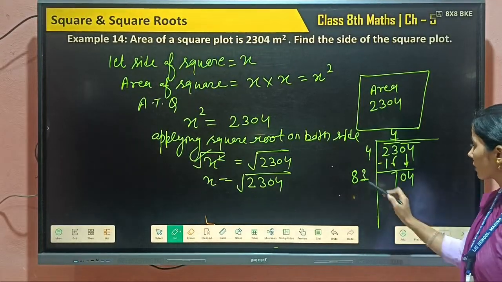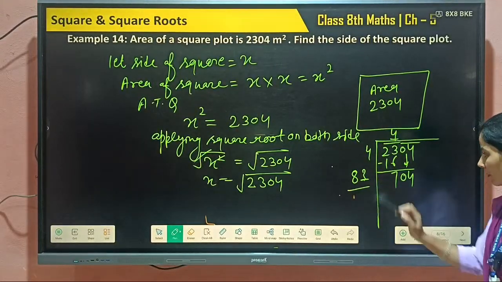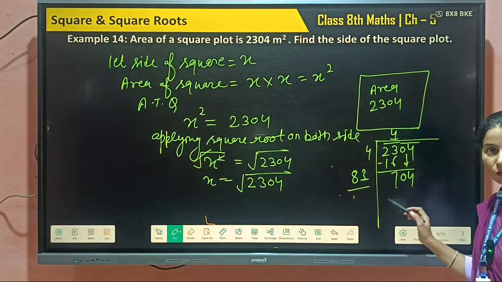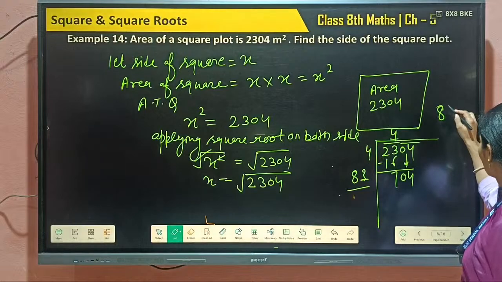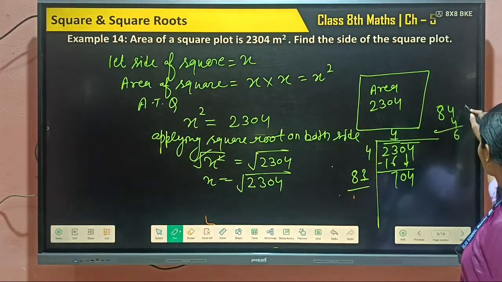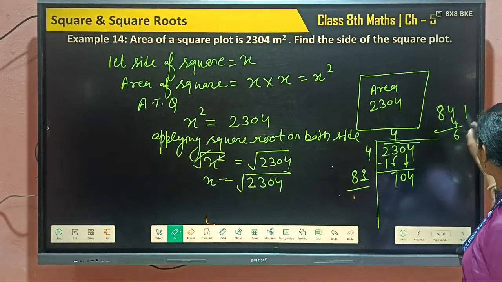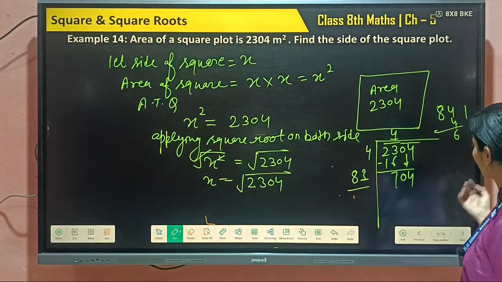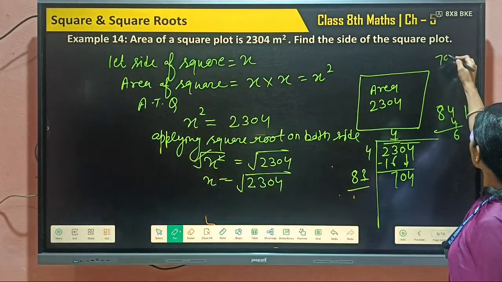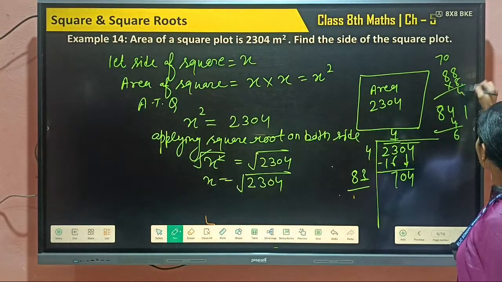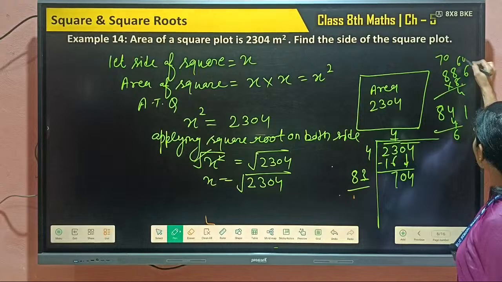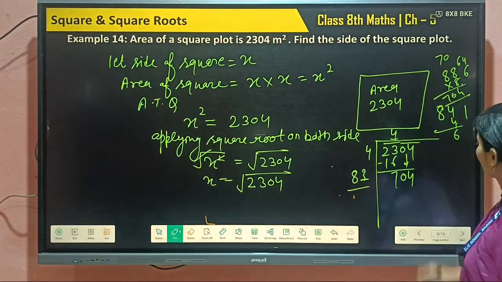Now think of a number whose multiplication with this complete number will be less than or equal to 704. Try 4: 4 times 4 is 16, 4 times 8 is 32, and this will be more. Try 8: 8 times 8 is 64, 8 times 8 is 64 and 6 is 70.